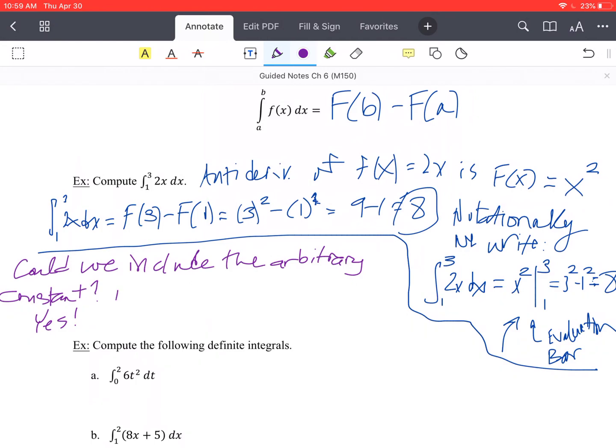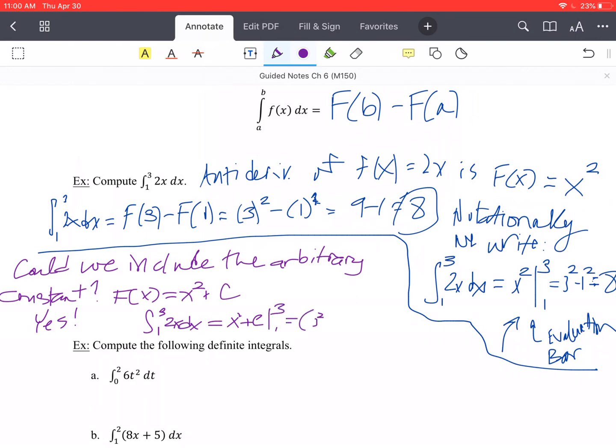So if we instead used the antiderivative to be x squared plus c, then we would get the integral from 1 to 3 of 2x dx. Right, that's x squared plus c from 1 to 3.